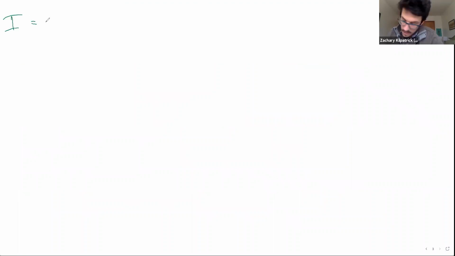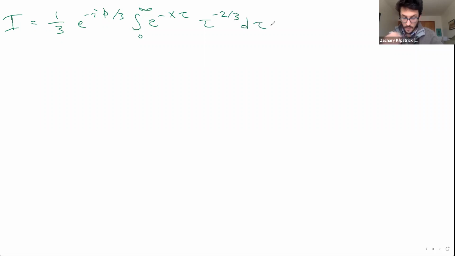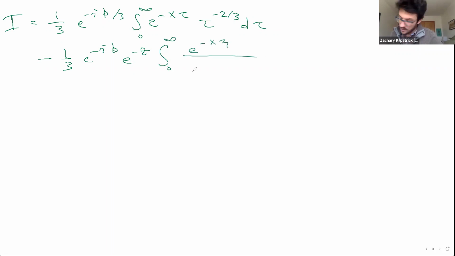So we have that I now is equal to 1/3 e to the minus i phi over 3, integral from 0 to infinity e to the minus x tau, tau to the minus 2/3 d tau, minus 1/3 e to the minus i phi e to the minus z now, integral from 0 to infinity e to the minus x eta divided by (1 plus e to the minus i phi eta) to the 2/3 d eta.